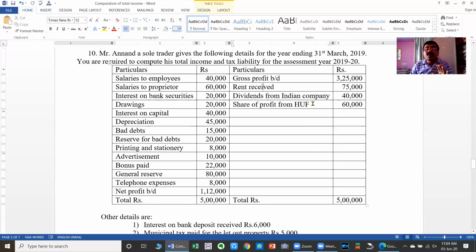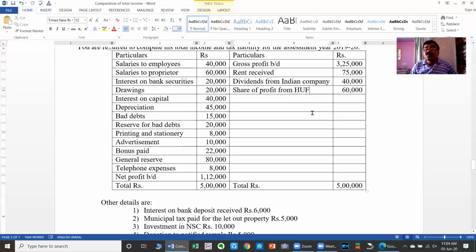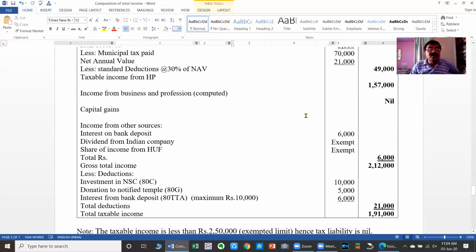Share of profit from HUF is also taxable under income from other sources. Therefore, rent received 75,000, dividends 40,000, and share of income from HUF 60,000 are to be deducted.